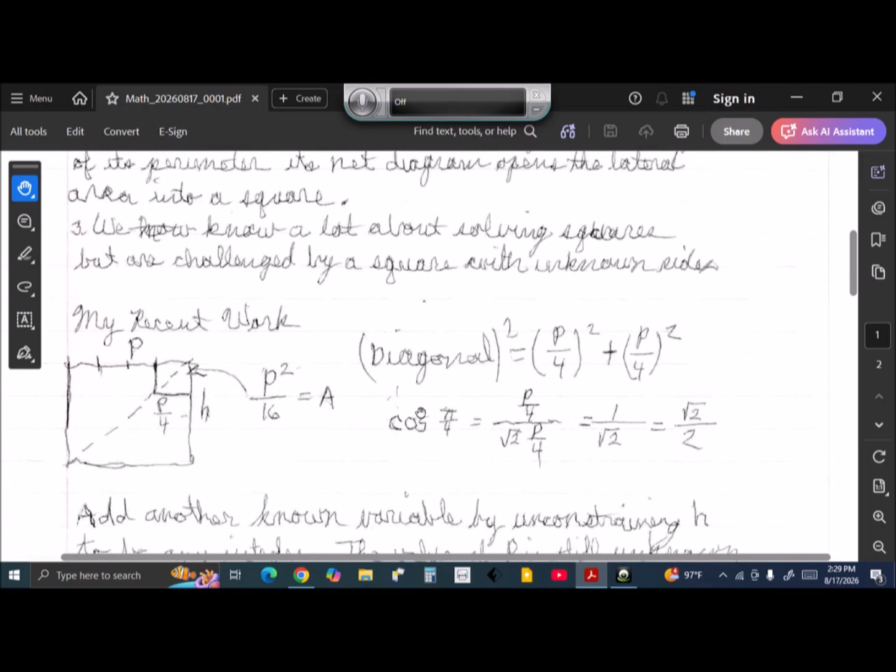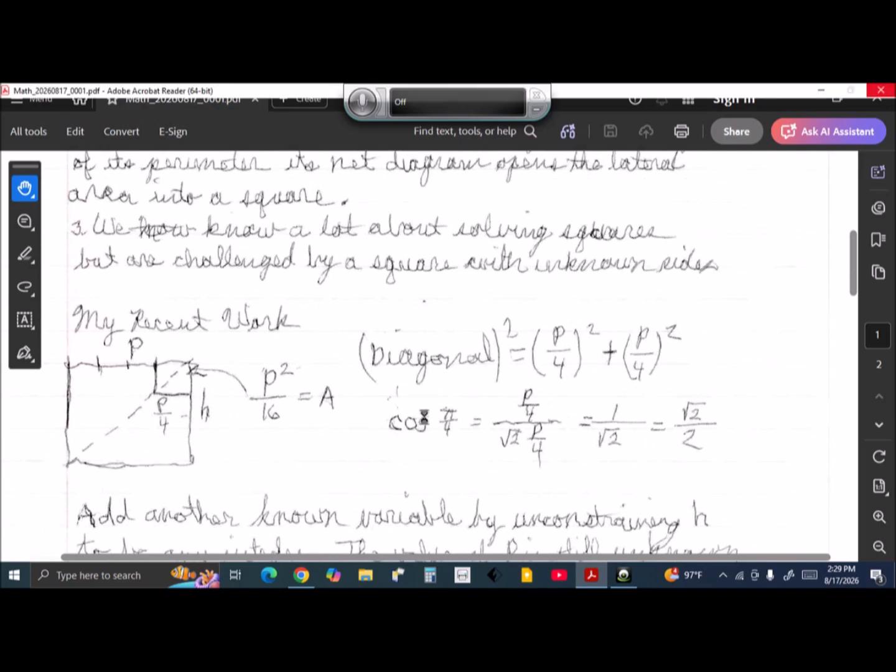So recently I decided, well, let's see if we can work in this square area. So we're moving out of geometry and into topology. We're knocking on the door of a topological discussion and topological search for a solution to the problem.